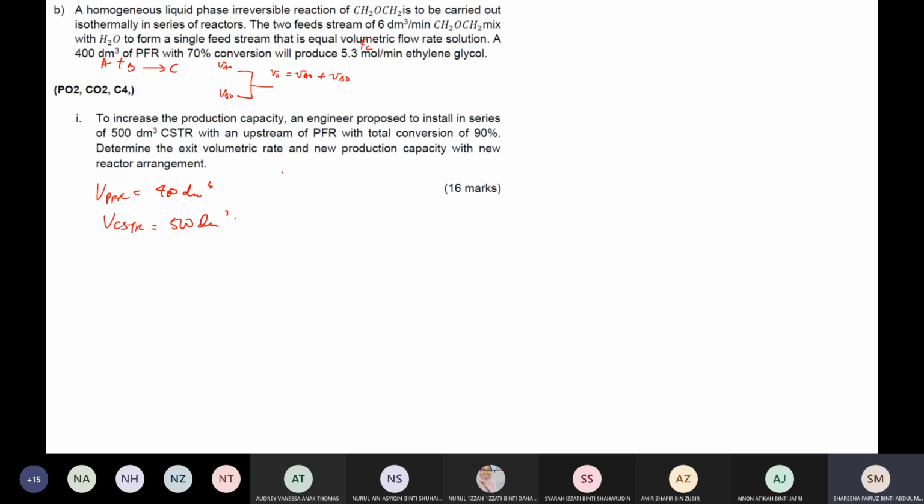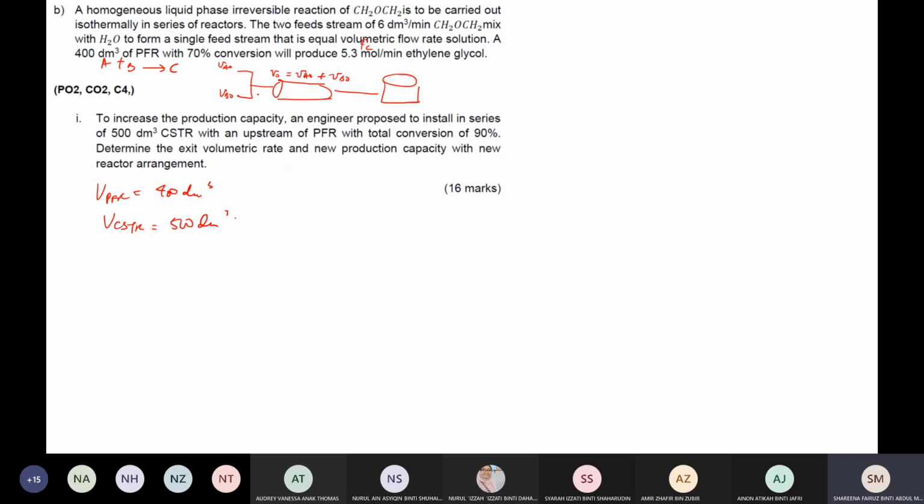Okay, so now we have an arrangement. The first arrangement is that this PFR will be upstream, and the CSTR downstream. Here we have the PFR connected with the CSTR.